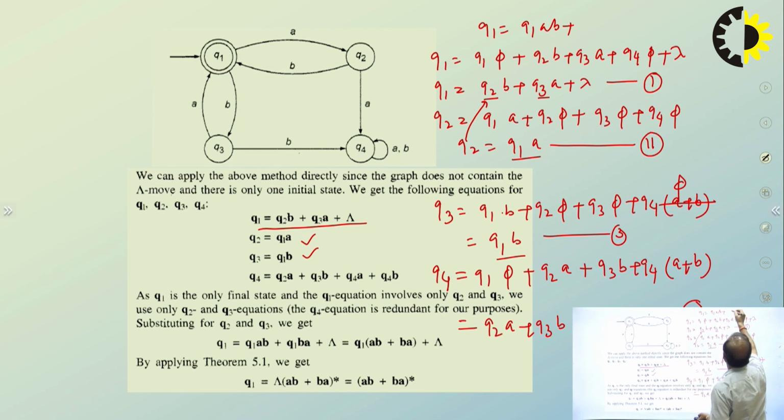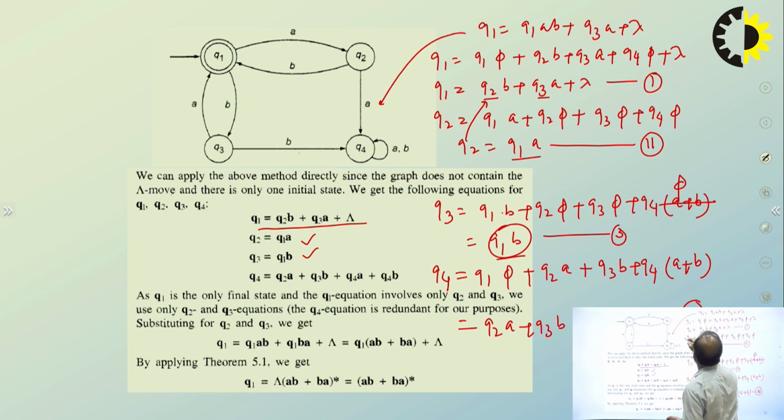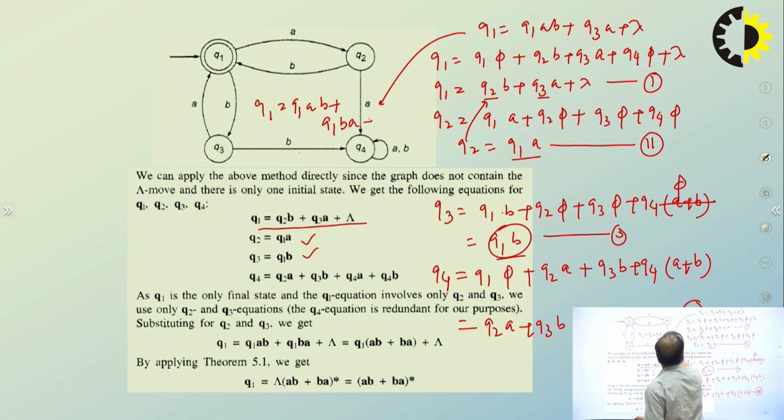Q2 is Q1AB plus Q3A plus lambda, right? And now Q3 is also Q1B. So now Q1 will be Q1AB plus Q3, and Q3 is Q1B, so Q1BA plus lambda.